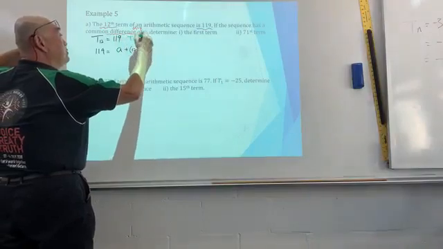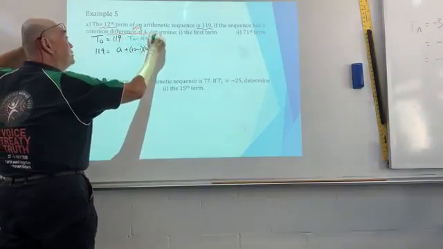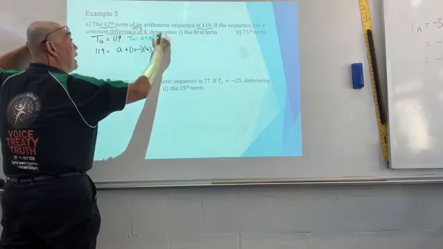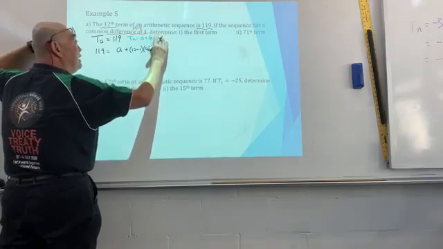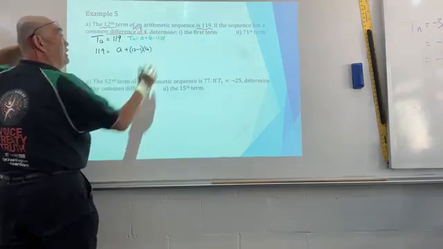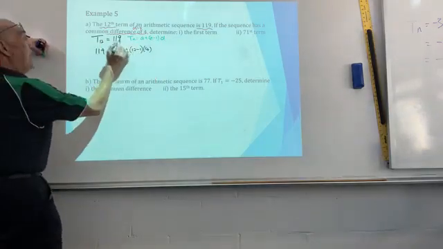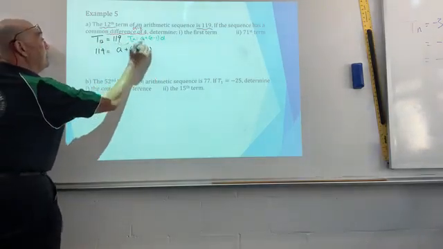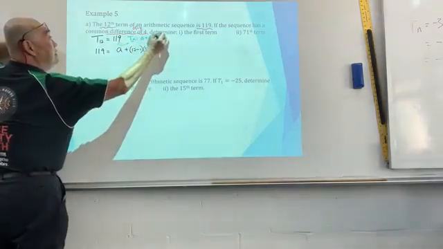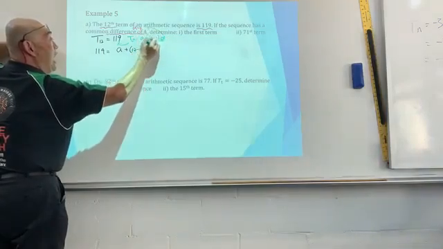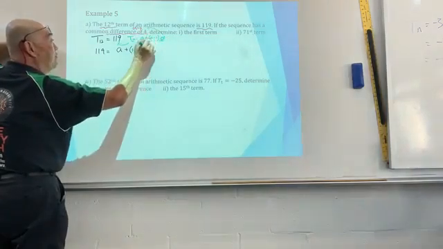Tn equals A plus n minus 1 times D. Oops, not 4, D. Knowing Tn is 119, D is 4, and n is 12.